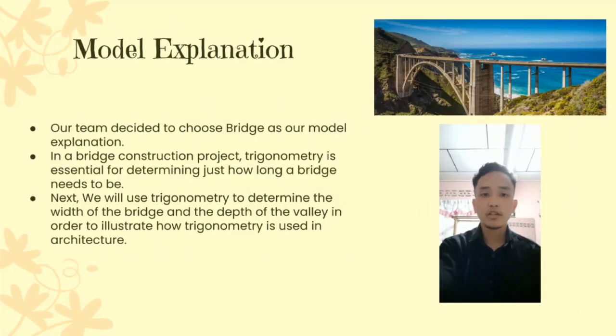For the next slide, I would like to give a model explanation. Our team decided to choose a bridge as our model explanation. In a bridge construction project, trigonometry is essential for determining just how long a bridge needs to be.